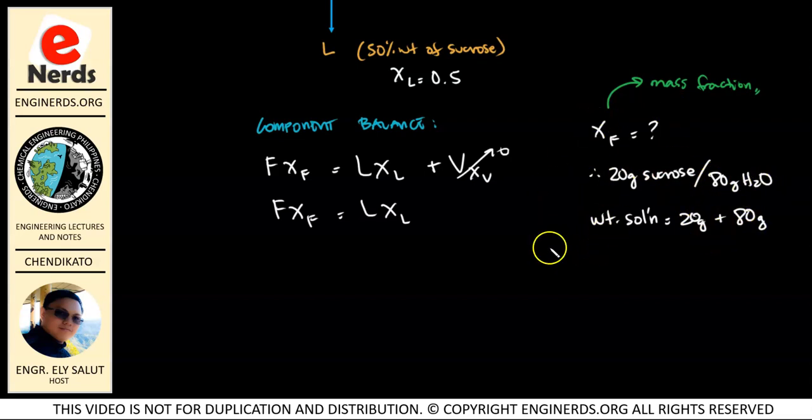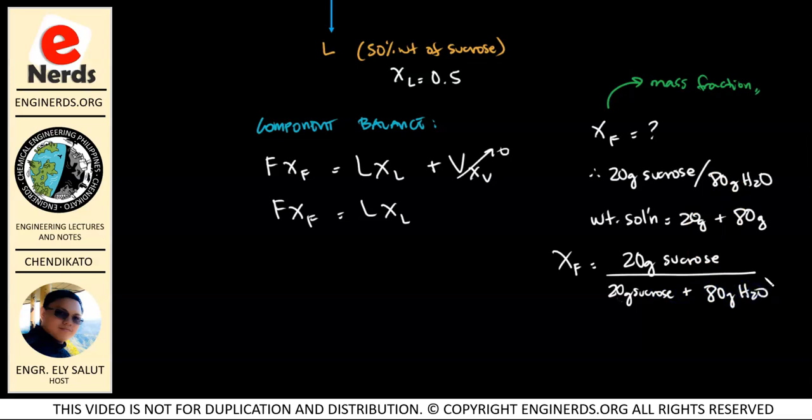So, para makuha natin yung mass fraction ng ating solute dito sa ating feed, we will have, in every 20 grams of sucrose, this will be present on every 20 grams of sucrose plus 80 grams of water. Okay?